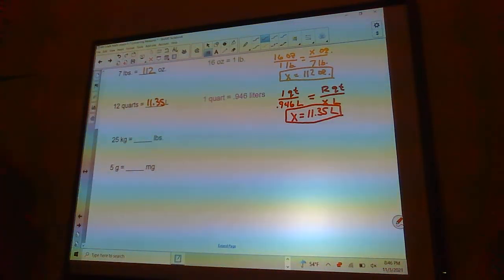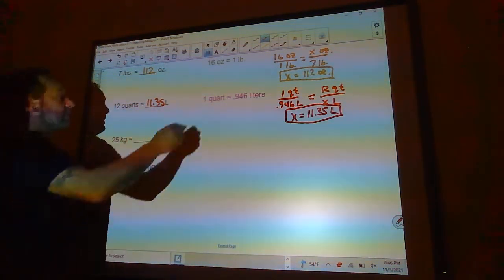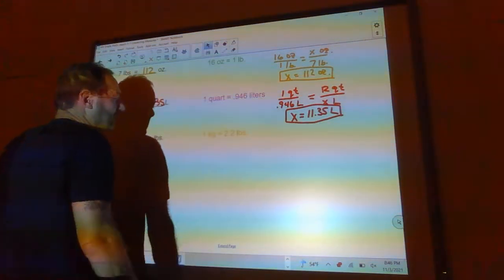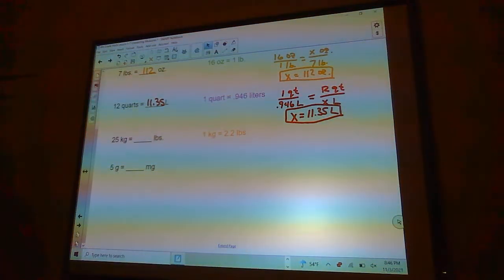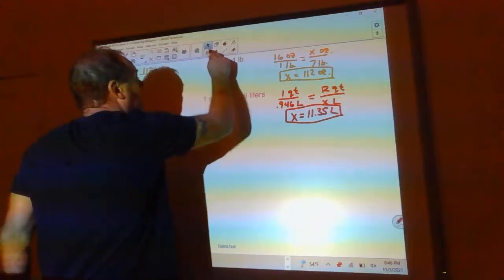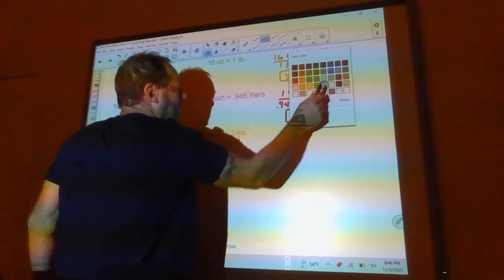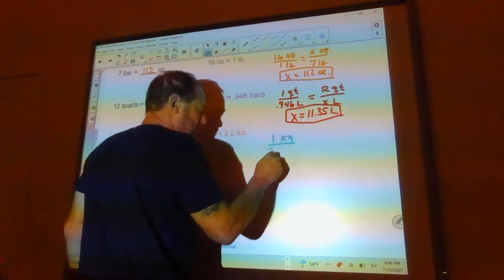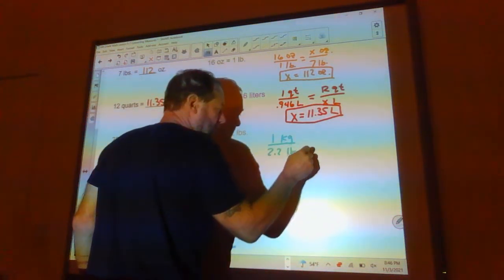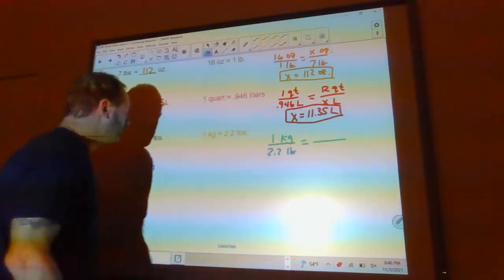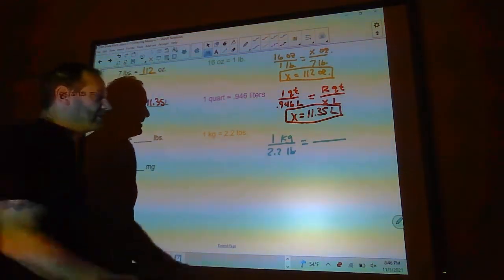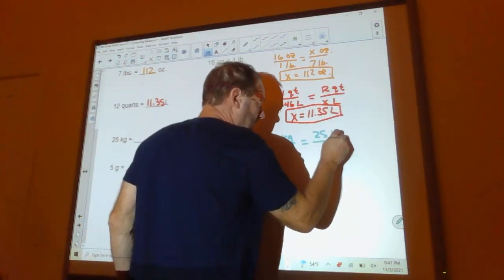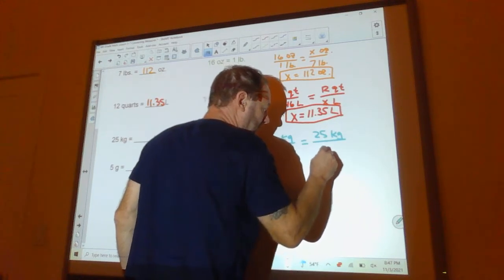Okay, 25 kilograms is how many pounds? Well, we need a conversion factor. That conversion factor is 1 kilogram is 2.2 pounds. So we'll go ahead and write that as 1 kilogram is 2.2 pounds, and that's going to equal 25 kilograms over X pounds.